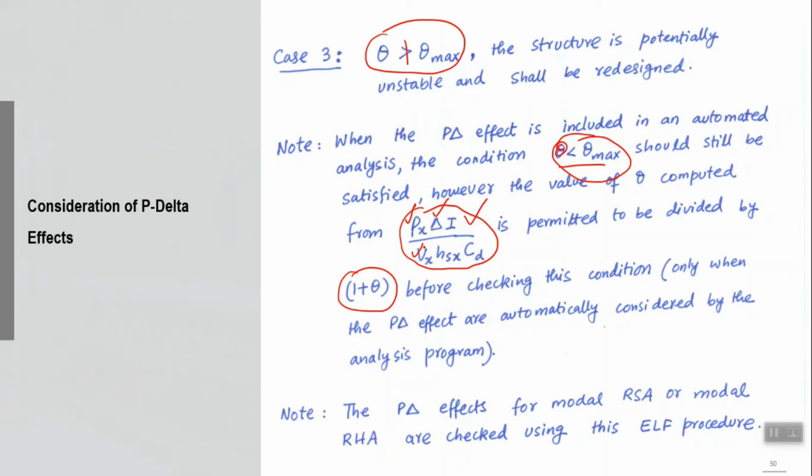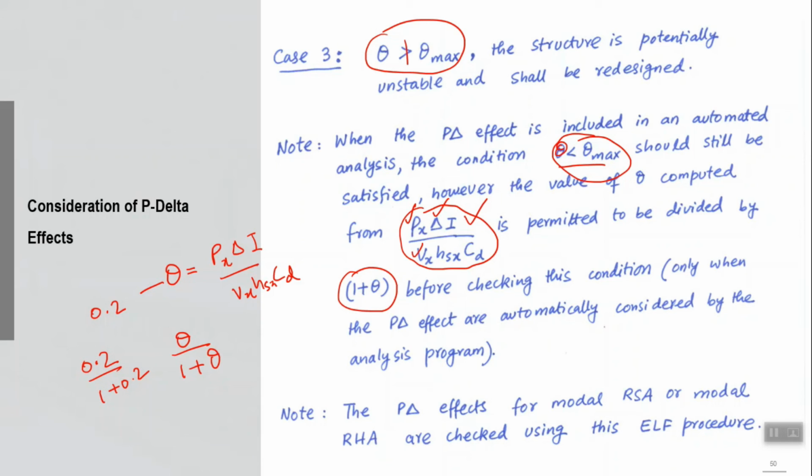And if in that analysis the P delta is automatically included, then the resulting theta value which you calculate from this expression with Vx, Hsx, Cd, you again divide by 1 plus theta, right? So if you get this number as 0.2, you again divide this 0.2 by 1 plus 0.2 to get a reduced value, and that should be used to check whether theta is less than theta max or not, right?